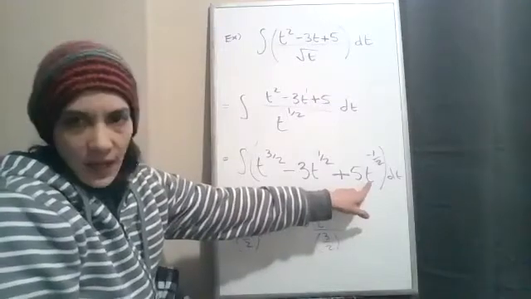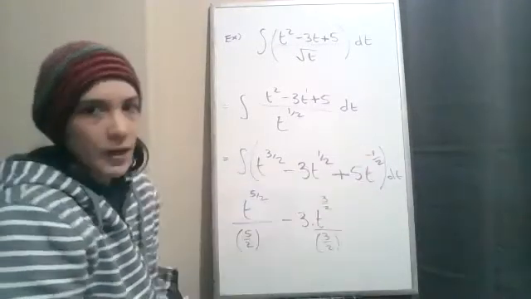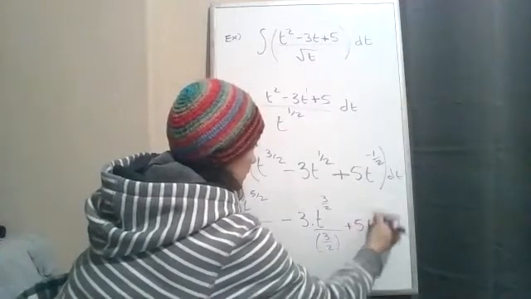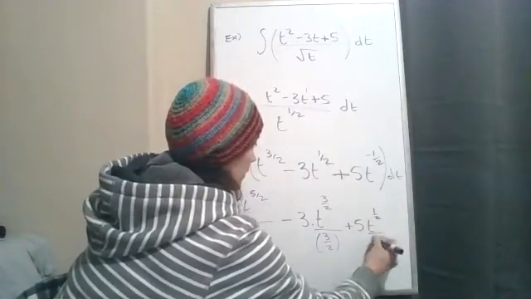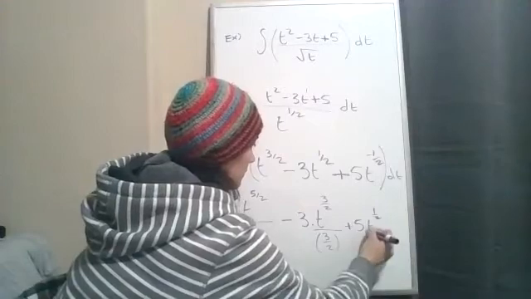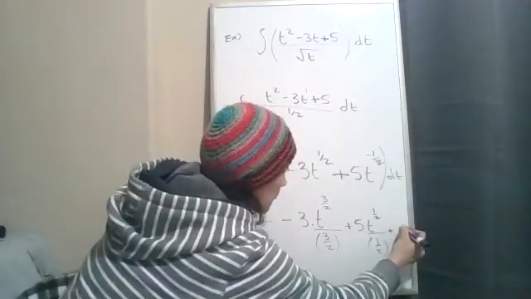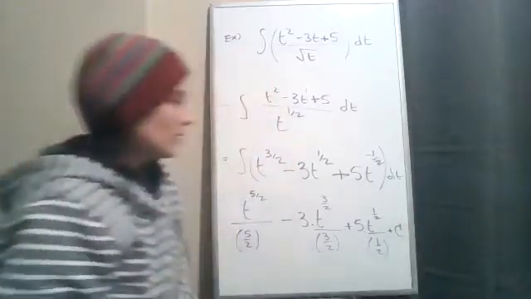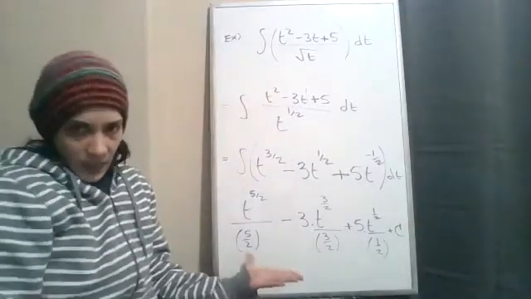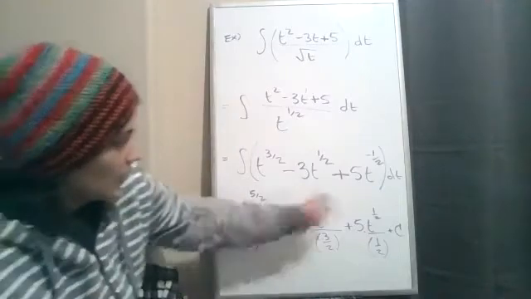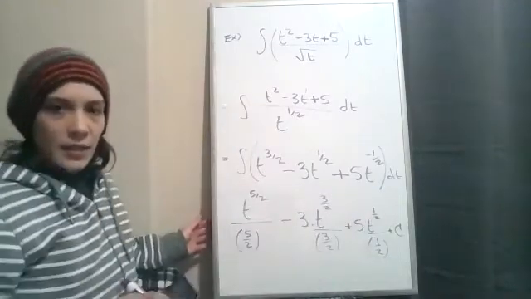And then 5 times t with a power of 1/2, plus c. We want to make this look nice, so we'll multiply by the reciprocal, and that'll be our final answer.